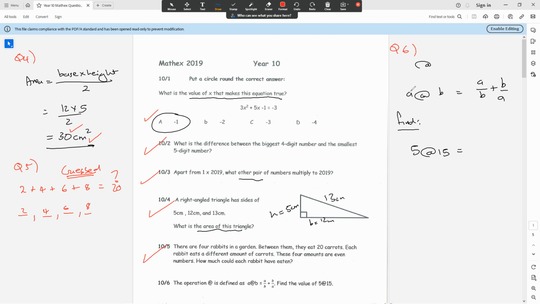Well, should we just substitute A over there, B over here, and then likewise this is going to be A and this is going to be B, which means we'll get 5 over 15 plus 15 over 5.